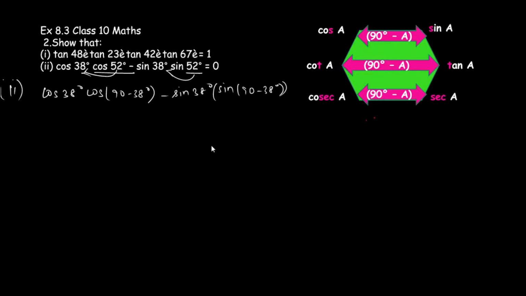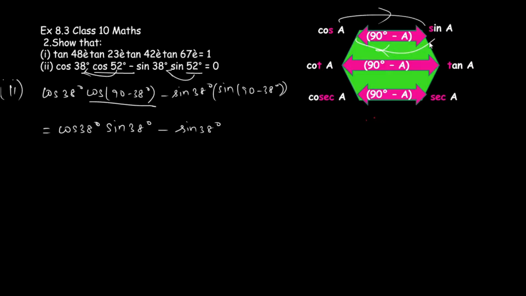Which is equal to cos of 38 degree, and cos is a friend of sine, right? Therefore cos 90 minus a is sine a, that is sine 38 degree minus sine 38 degree. What is sine of 90 minus a? It is cos a.